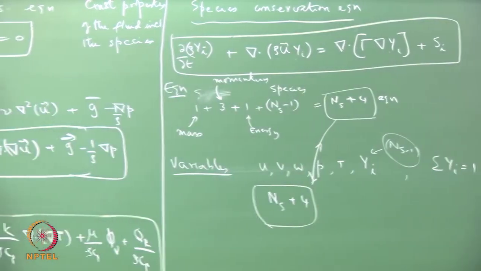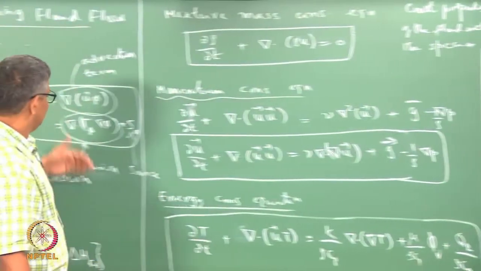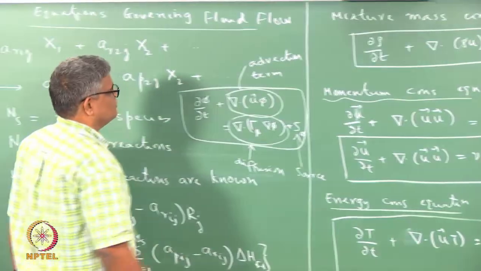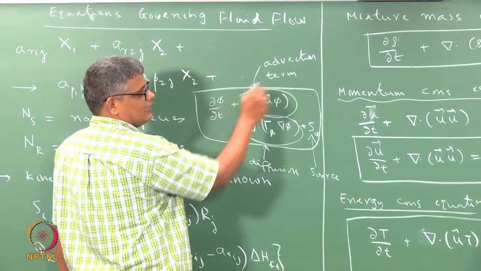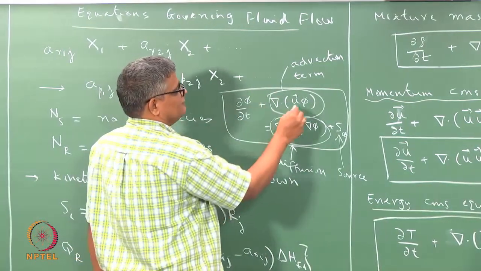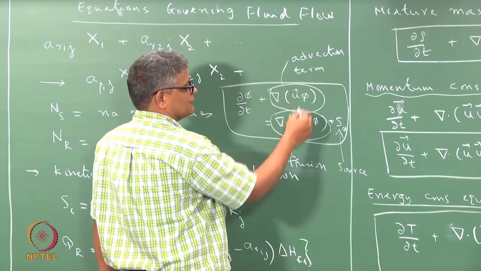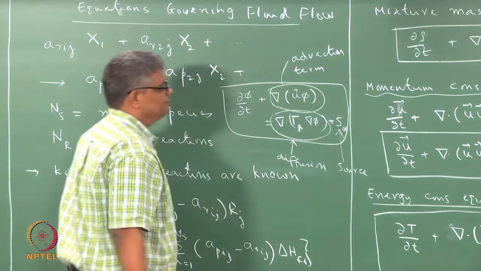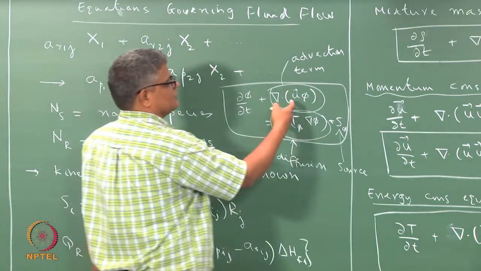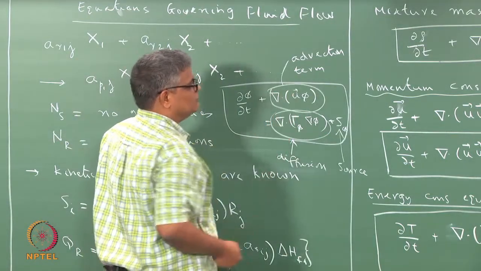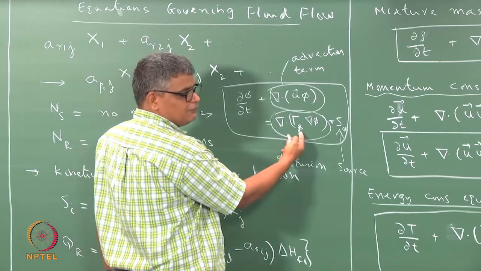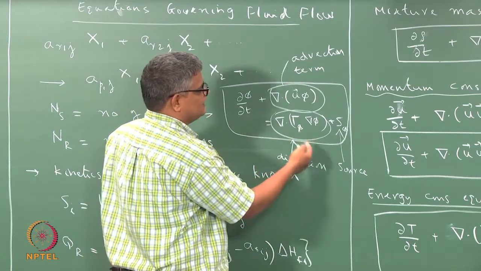So all these equations can be put in this particular form. Variation of a quantity is expressed in terms of the advection term, diffusion term and a source term, with a corresponding velocity which is nothing but the fluid velocity, and a diffusivity.